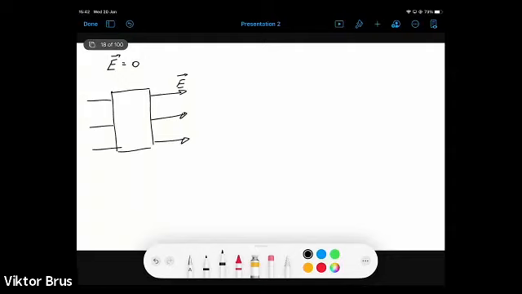There will be some interaction with the external electric field. And what should interact with it? We know that there are free electrons in metals, and these electrons can move within the volume of the metal.